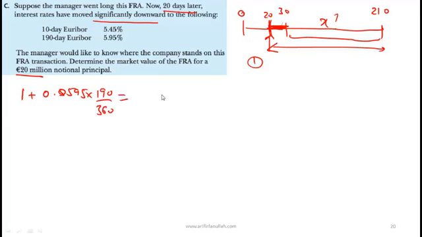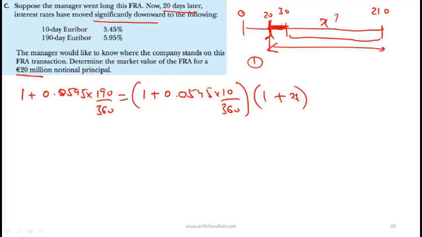This is equal to $1 invested for 10 days and then reinvested for 180 days at a rate of X. So this is equal to 1 plus 0.0545 into 10 over 360, and then this amount is reinvested at that rate X, so at 1 plus X.